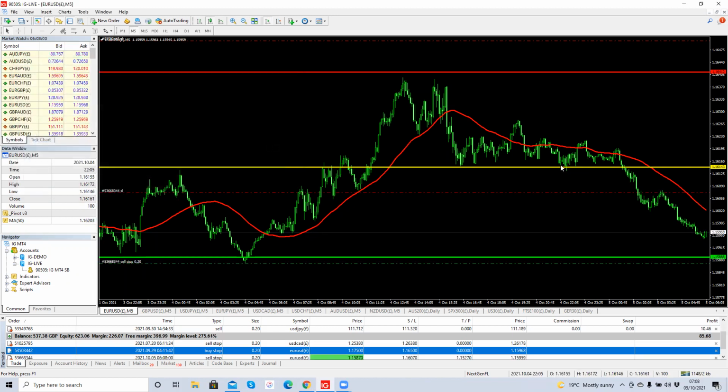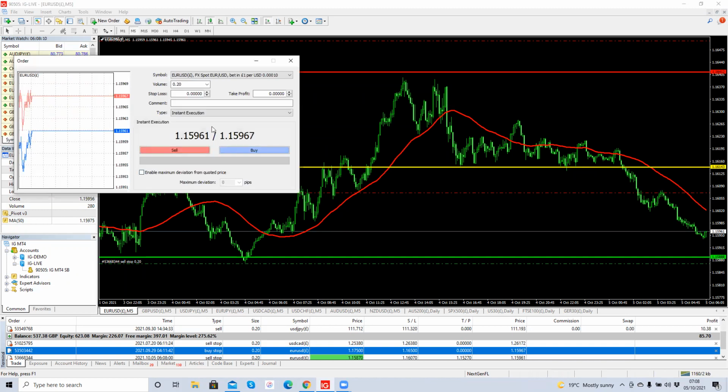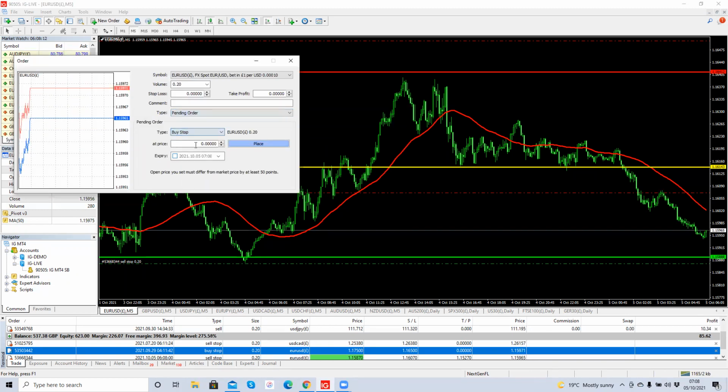Okay, then the buy will be 2 pips above that, 1.1616, and 20 pips stop loss would be 1616 minus 20.